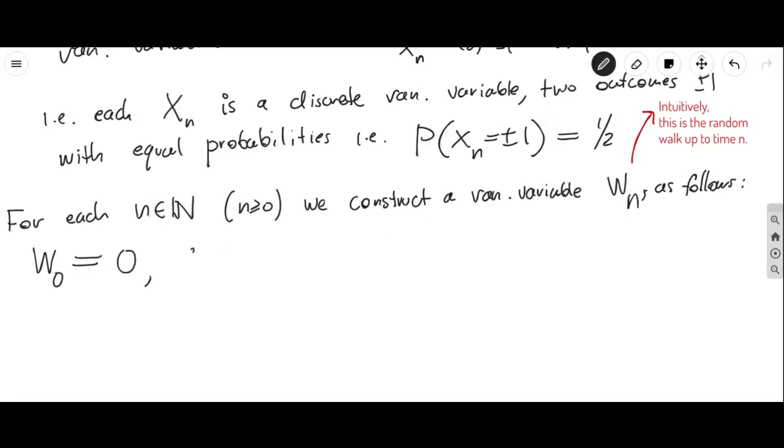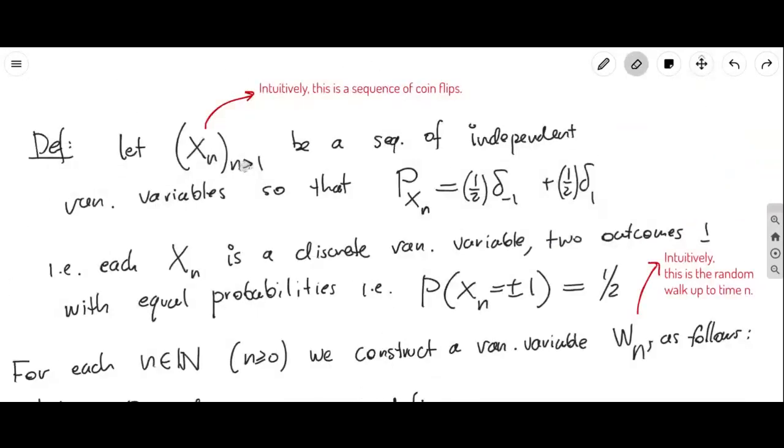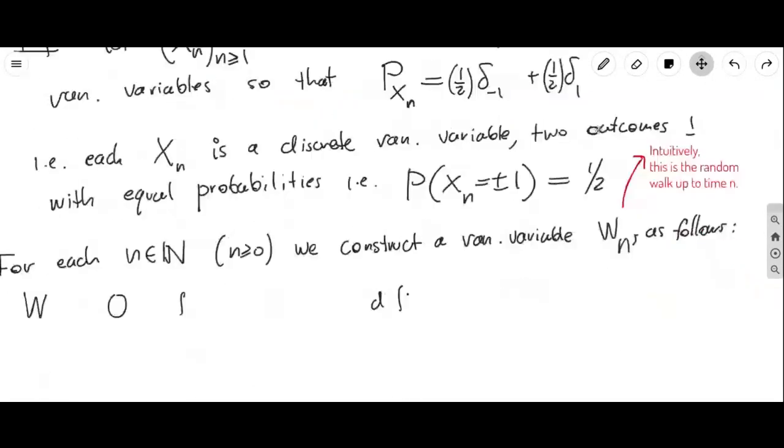But for n greater than or equal to 1, we define Wn to be the sum of the first n random variables in the sequence.